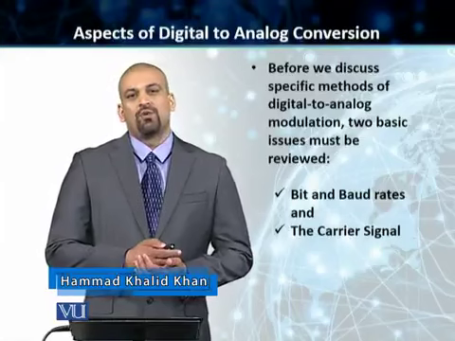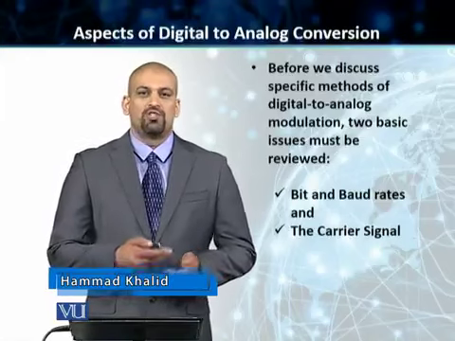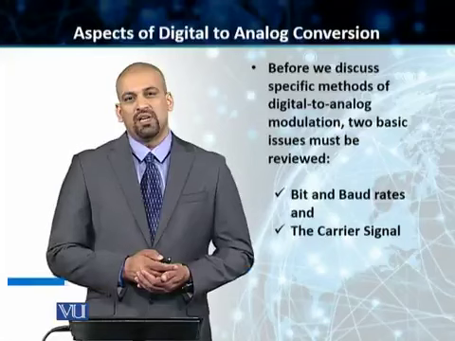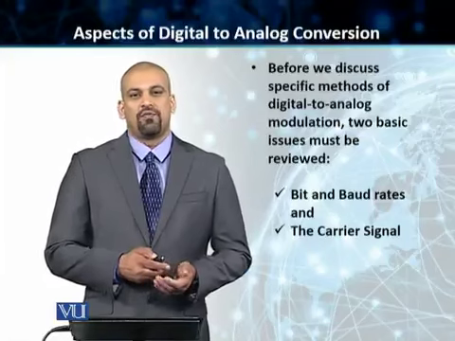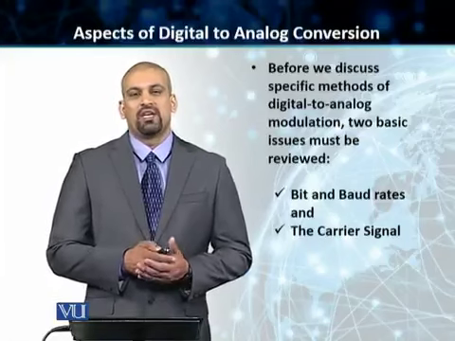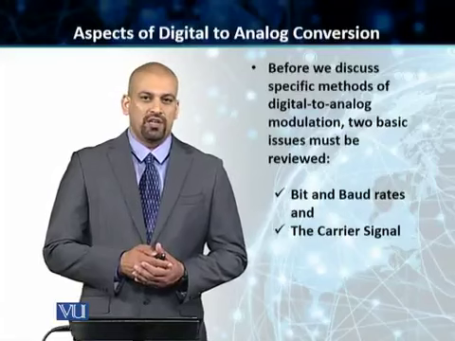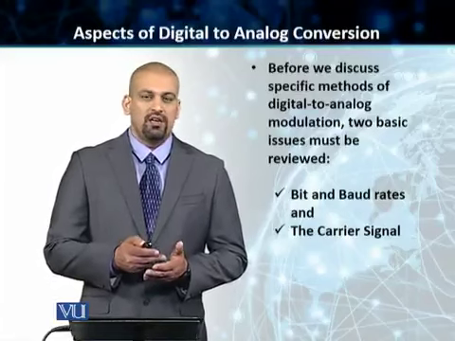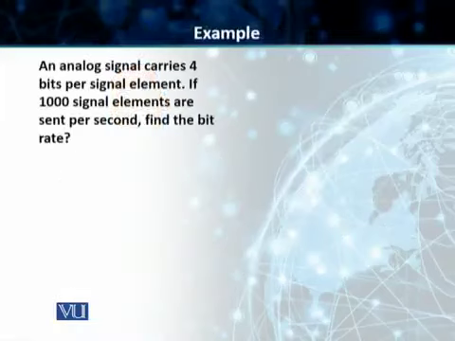Students, we have to do a couple of examples, and then we'll jump into the detailed discussion of the amplitude shift keying, our first technique of converting our digital data into analog signal. Students, in this case, what we have is an analog signal which can carry 4 bits per signal element.